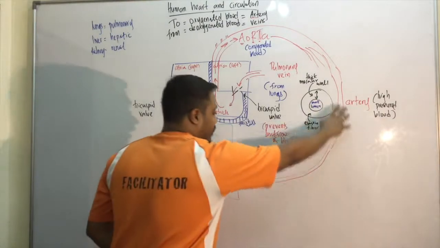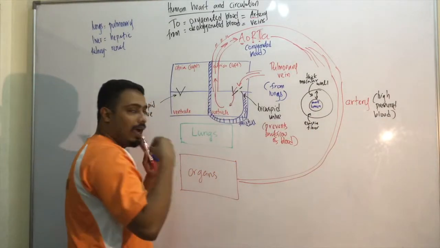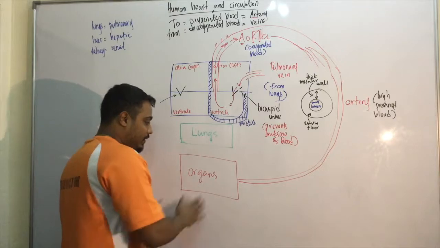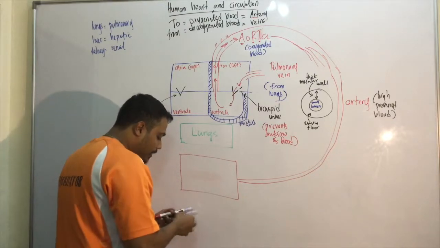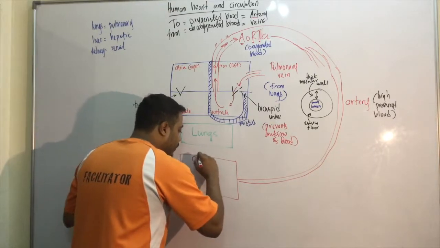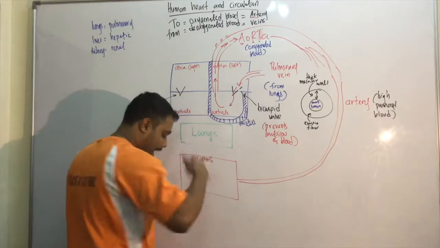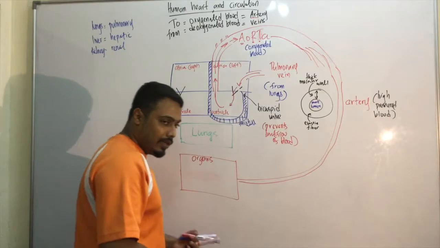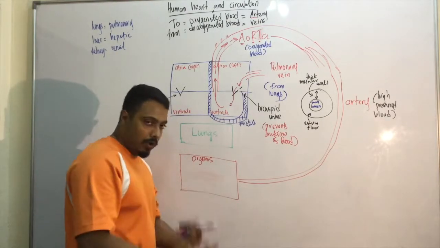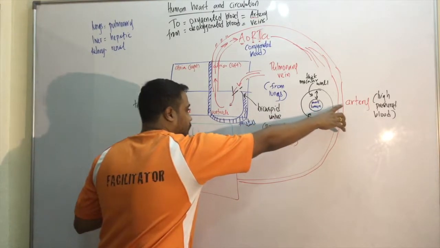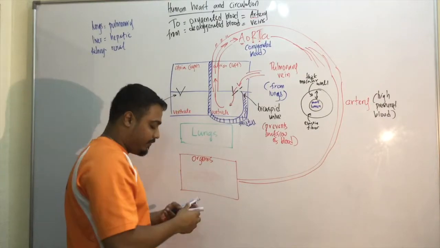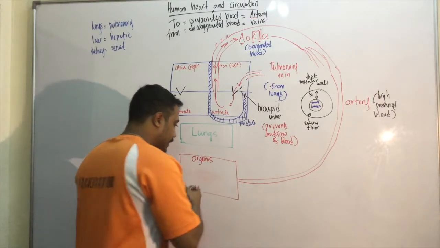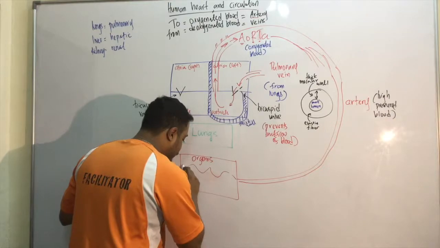So the artery connects obviously to organs, but how exactly is blood supplied? I just put here organs. At the point of supplying oxygen or other nutrient substances to the body tissue, the artery will branch further into smaller vessels known as capillaries.